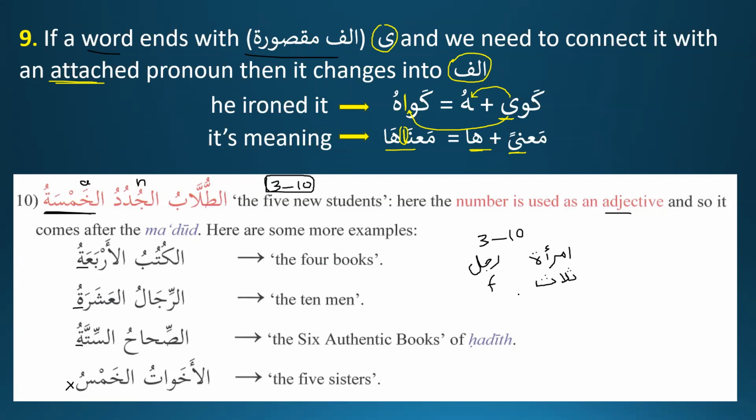Thalatha nisa'in. So here, kutub, kitab, and the plural of kitab is kutub. So kitab is masculine, rajul is masculine, sahi is masculine. So that's why the number that is used is for the feminine.